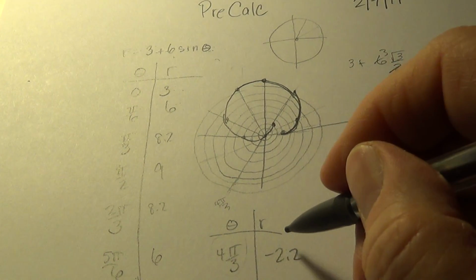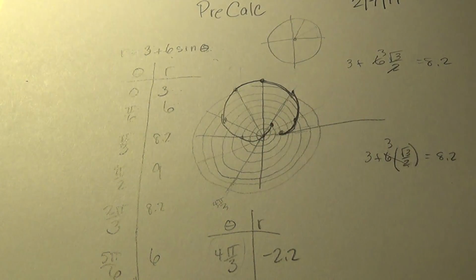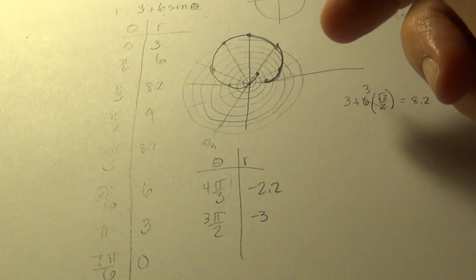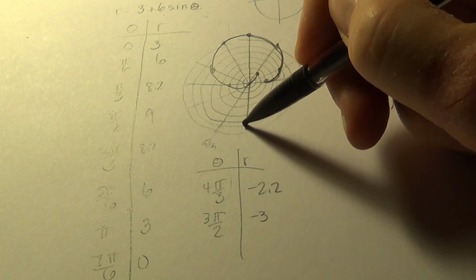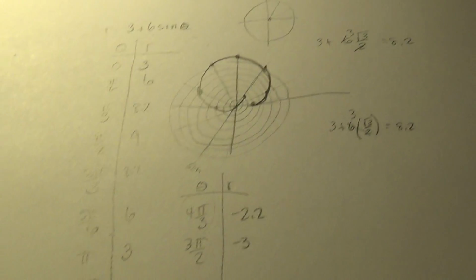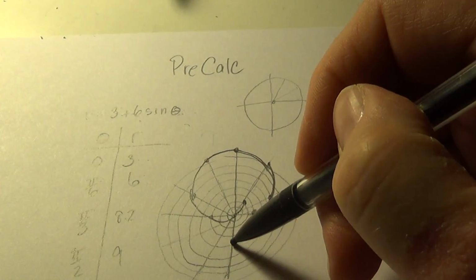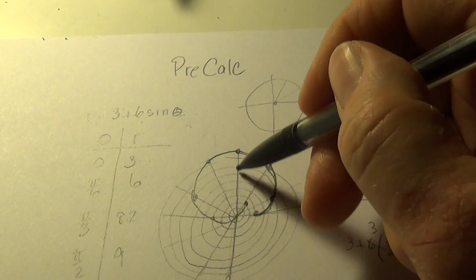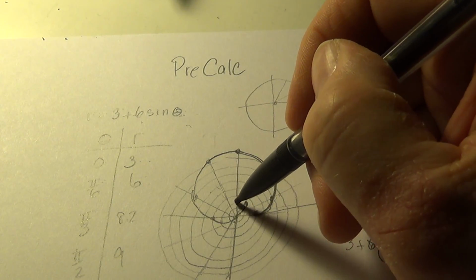And 4 pi over 3, 3 pi over 2. 3 pi over 2 will yield negative 3. So see if you can figure out where that's going to be. Here's 3 pi over 2. So where will I graph a negative 3? Turns out that I reflect back behind the 3 pi over 2, actually on the pi over 2 line, and it's called negative 1, 2, 3.